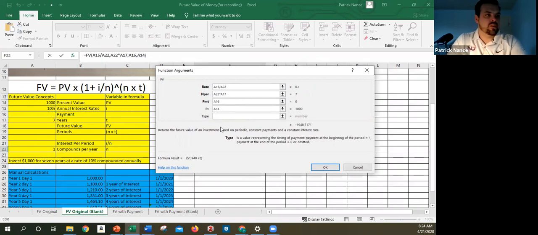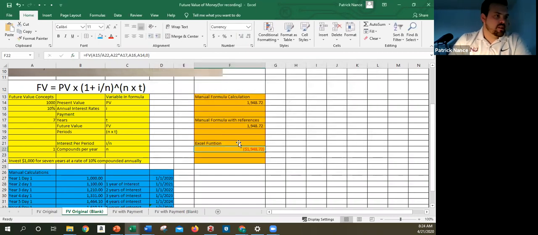And type has to do with whether it's an annuity or an annuity due. In this case, I'm going to make it just an ordinary annuity, so at the end of the period, so that would be a 0, or you can omit it and it automatically is a 0. And you'll see that it returns the same amount.